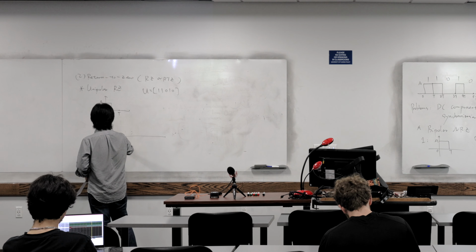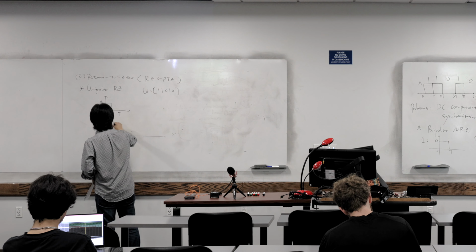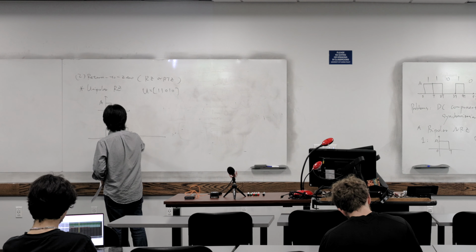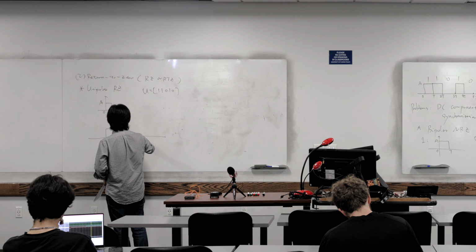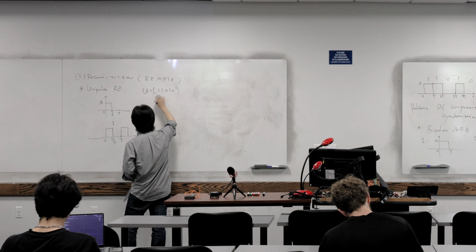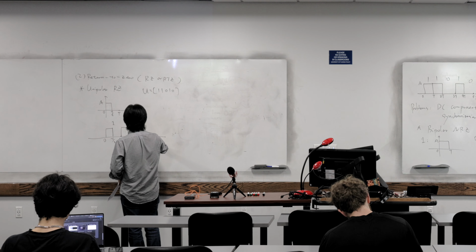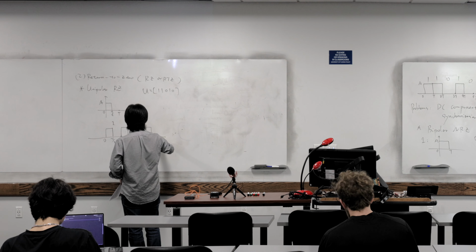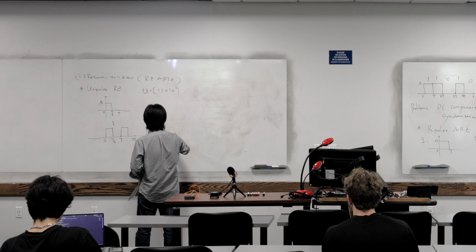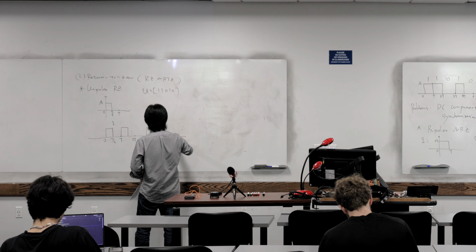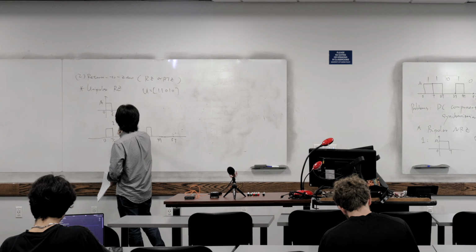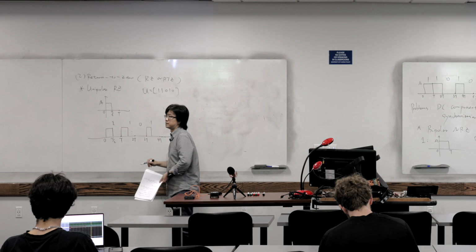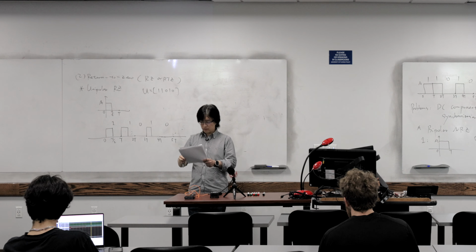So this is for 1, and then we have another one, this t-half, and then we're going to have 0. 0 basically means 0. And then another one, 4t, and then another 0. So this is what we transmit: 1, 1, 0, 1, 0. Okay, so this is for unipolar RZ.